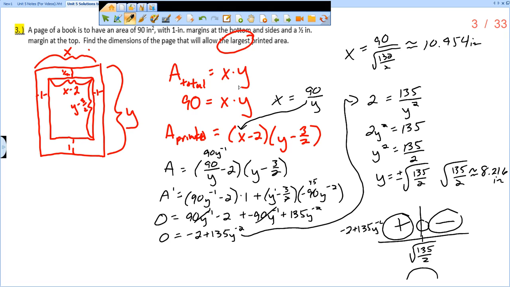So remember, we have to answer the question, find the dimensions of the page. And so the dimensions of the page would be 10.954 by 8.216 inches. So remember, 10.954 is the width and 8.216 is the height.